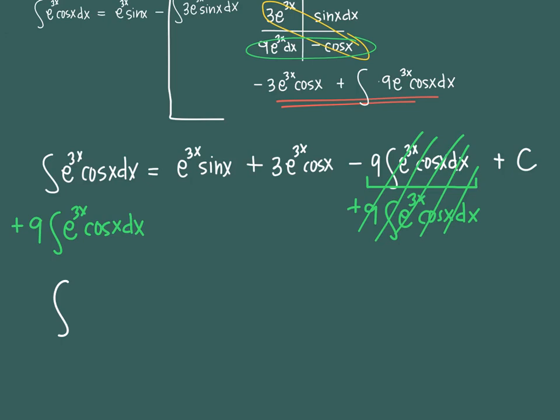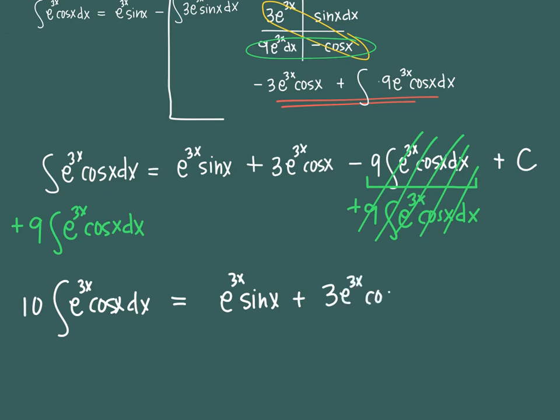If I take one of the integrals and I add 9 more to them, what am I left with? 10 of e to the 3x cos x dx. And on the other side, they're all canceled out. So I've got e to the 3x sine x plus 3 e to the 3x cos x plus c.